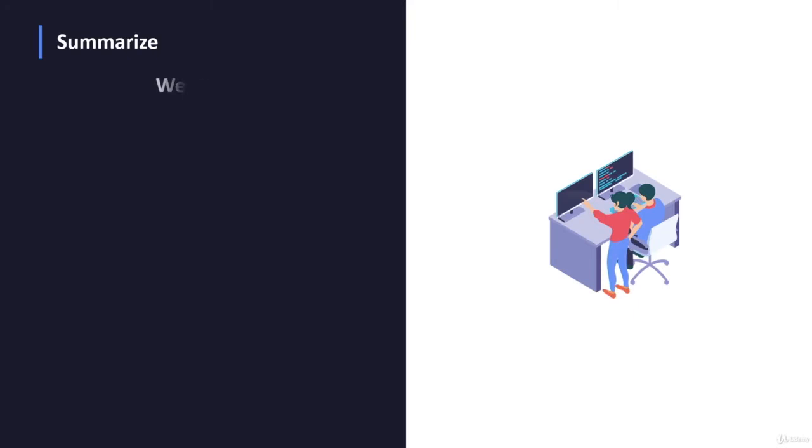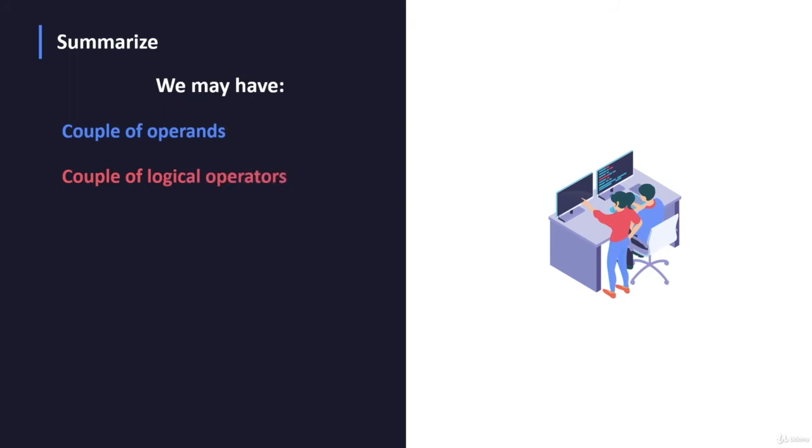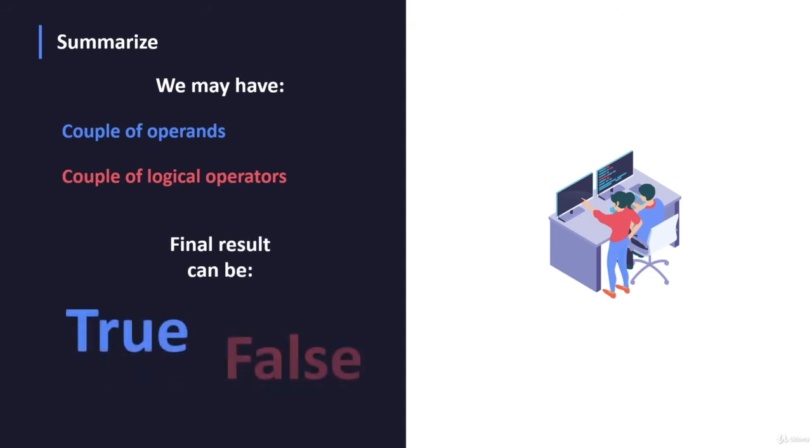So we may have a couple of operands, a couple of these subconditions, and also we may have some logical operators that are applied on these operands. And the final result of all of these, let's say, process is decided to be either true or false.